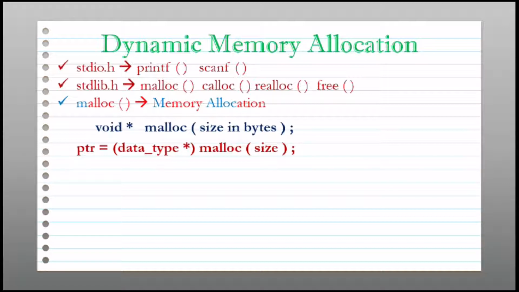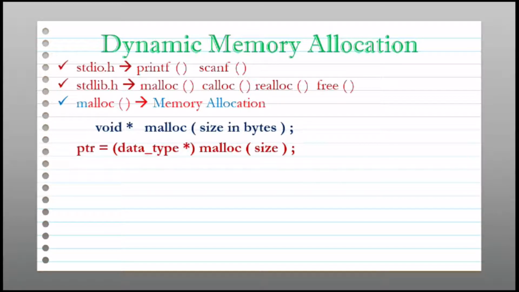But to store this value into the pointer variable ptr, it has to be converted into the appropriate data type. So depending on the data type of ptr, we have to mention the data type before the malloc function.